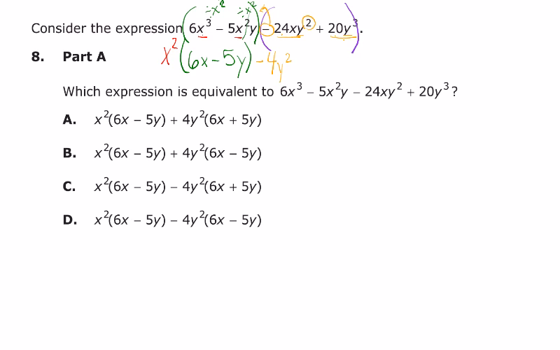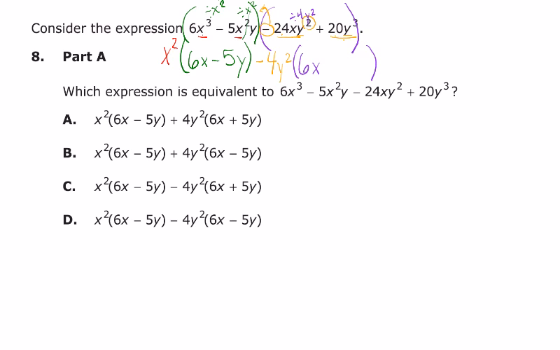Alright, so now I'm going to put my leftovers back inside, just like you put your leftovers inside the fridge when you're done. So I'm dividing each of these things by 4y squared. So 24xy squared divided by 4y squared is going to be 6x. Right? 24 divided by 4 is 6.